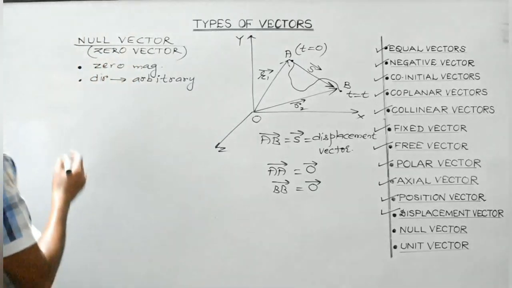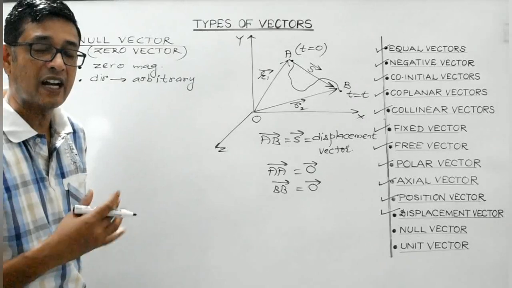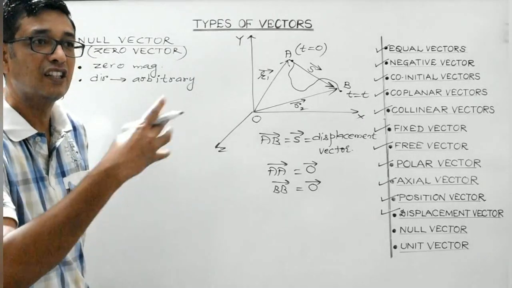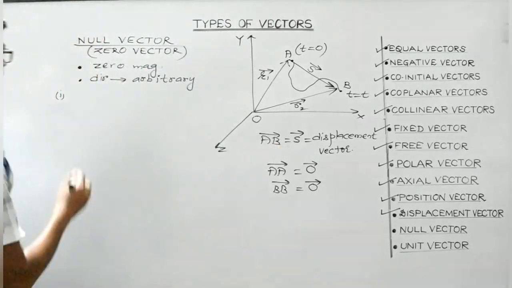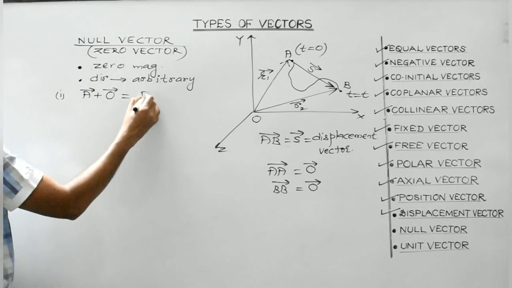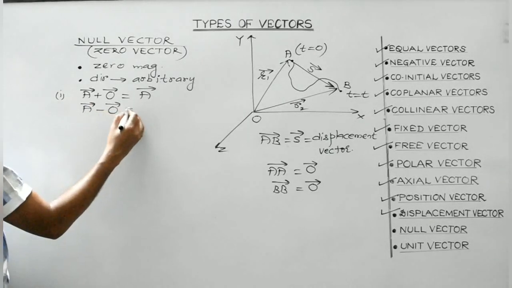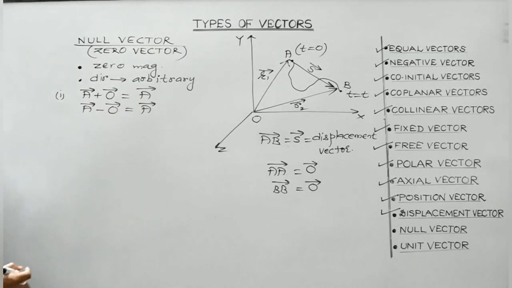Right? So first property is, if a null vector is added or subtracted from any other vector, then the result will be the vector itself. That is, A vector plus null vector will give us A vector. A vector minus null vector will again give us A vector.